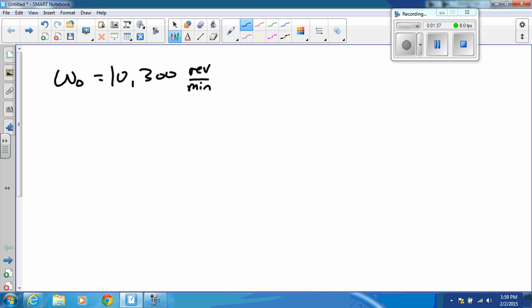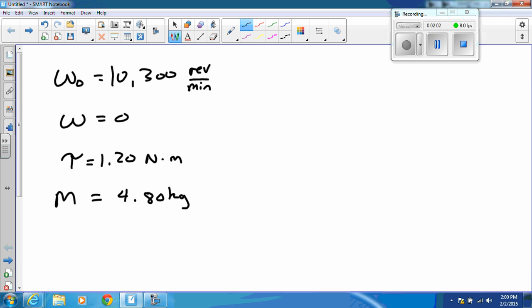And we're also told that this thing comes down to rest. So immediately I write omega equals 0. And we're told that it's brought to rest by a frictional torque of 1.2 Newton meters. And we're told that the mass of this cylinder is 4.80 kilograms, and that it is basically a solid cylinder with a radius of 0.0710 meters.